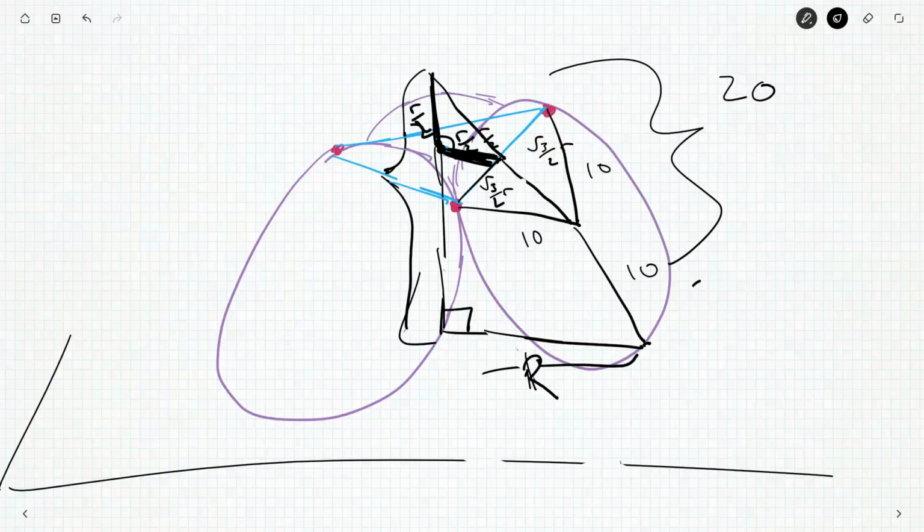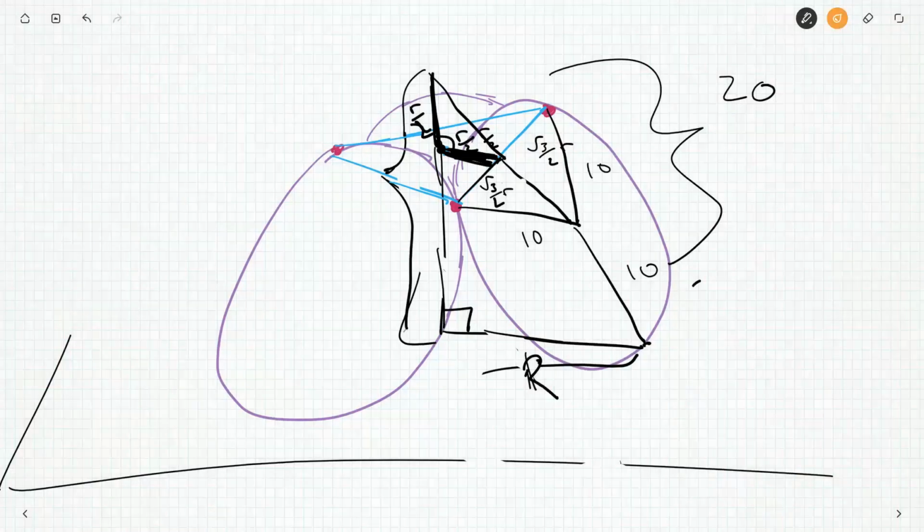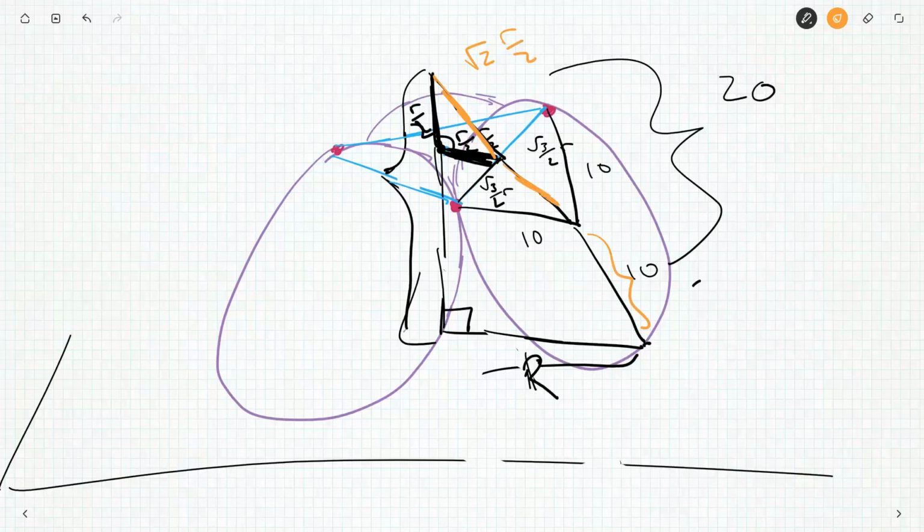Okay, so that also tells me, let's use another color, that this orange distance will be root 2 r over 2. Just use the Pythagorean theorem. So that's how much I extend from 10, and then this amount I can figure out in terms of r.